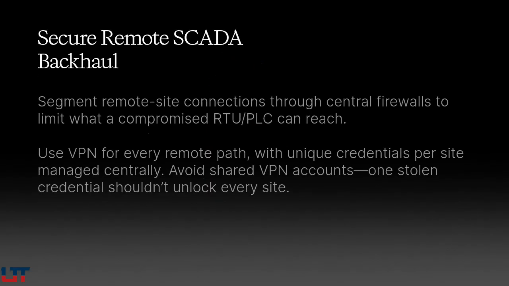So segmenting remote site communication through firewalls at the central site limits what a compromised remote device can reach. VPN credentials and authentication for remote site connections should be unique per site and managed centrally. A single shared VPN credential used by all remote sites means that compromising one site's credential compromises all of them.